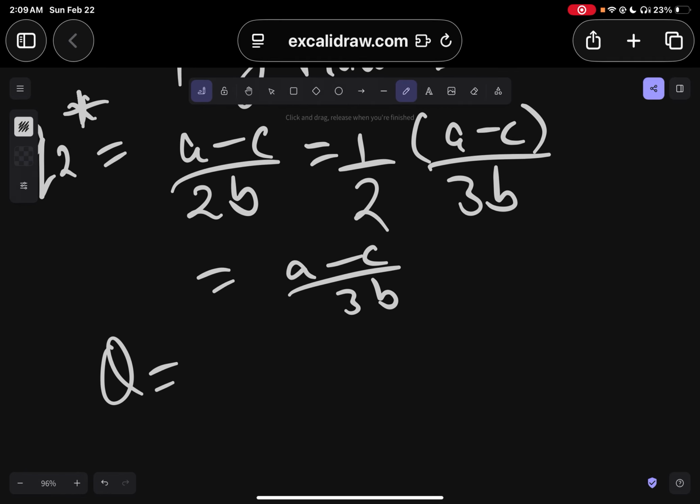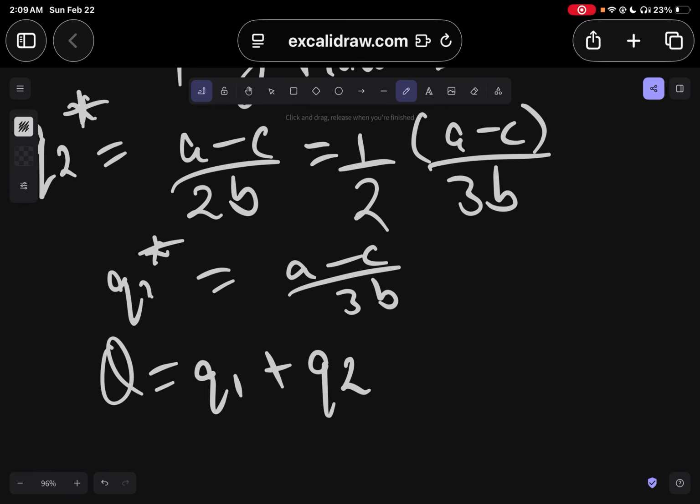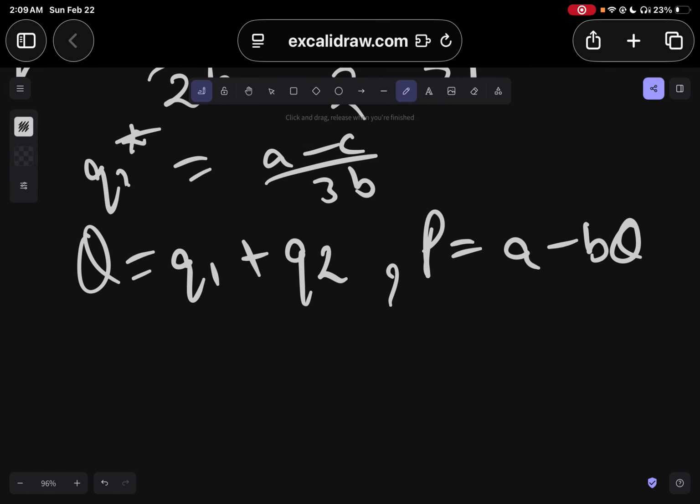Now total Q is Q1 plus Q2. We have this as Q2 star, similarly 1/3 of the market. Same thing will come, and this is the demand curve.